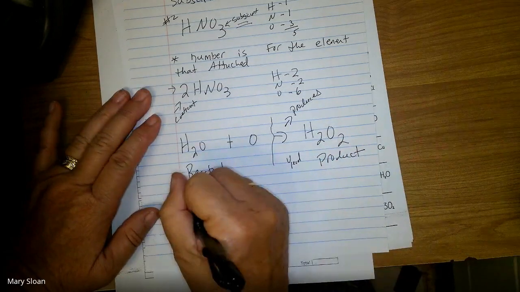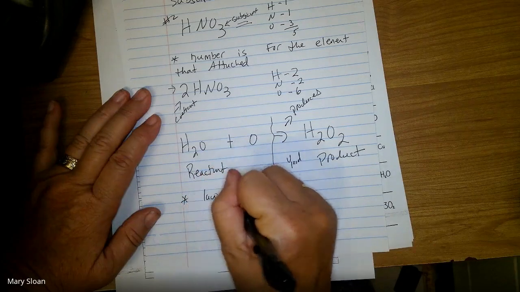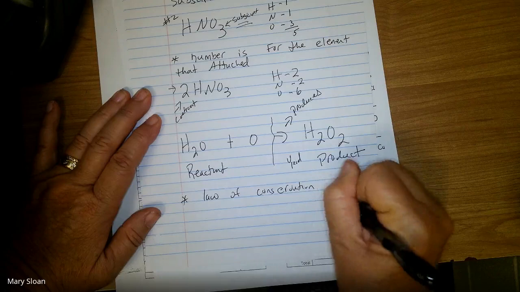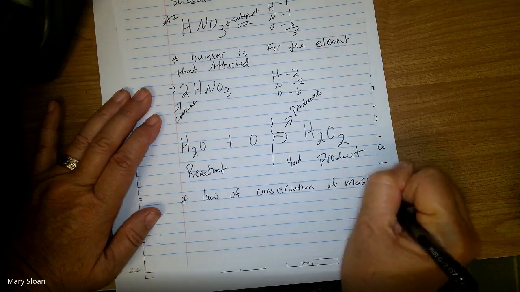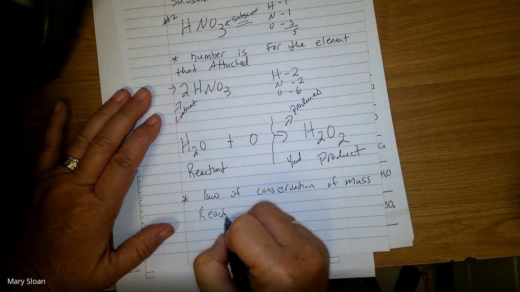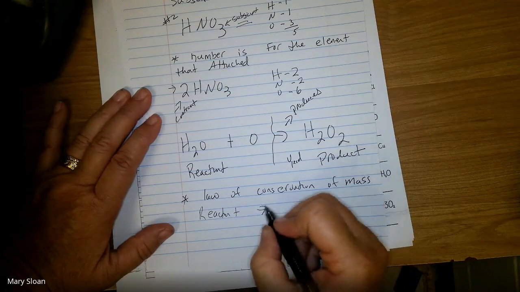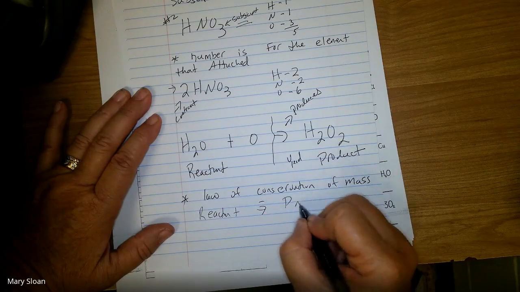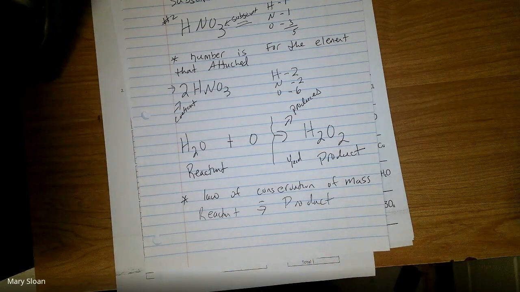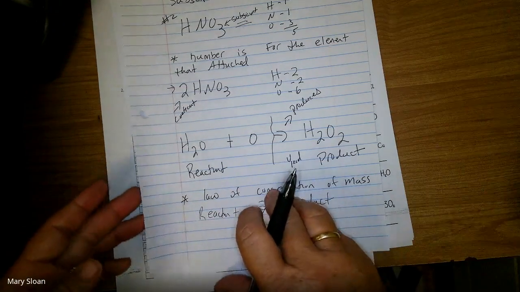Based on the law of conservation of mass, it's going to tell us that the reactants are going to equal the products. It has to. Okay? So now we're going to go to that sheet.